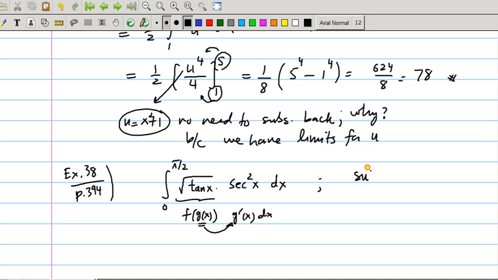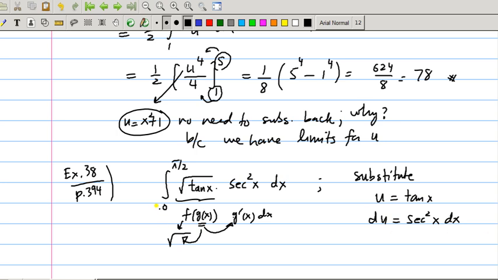So it means I can substitute tangent x without the square root, inside the function. Square root is my f, gx is inside. Okay, so don't put square root here, just inside function. u is equal to tangent x, and the derivative of u is secant square x dx.